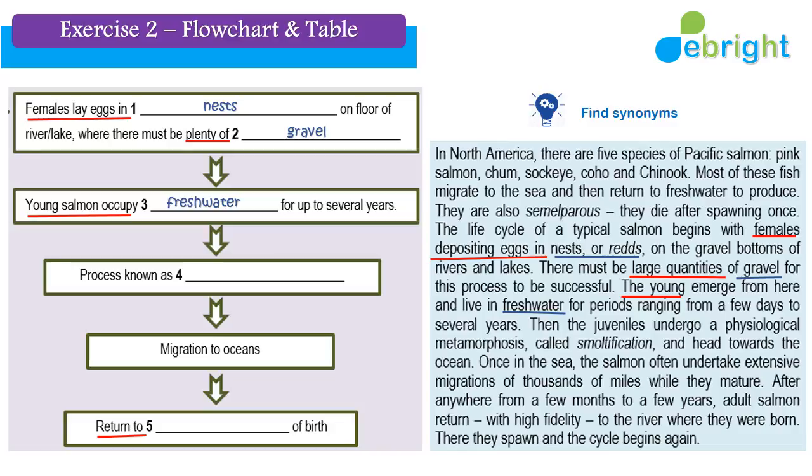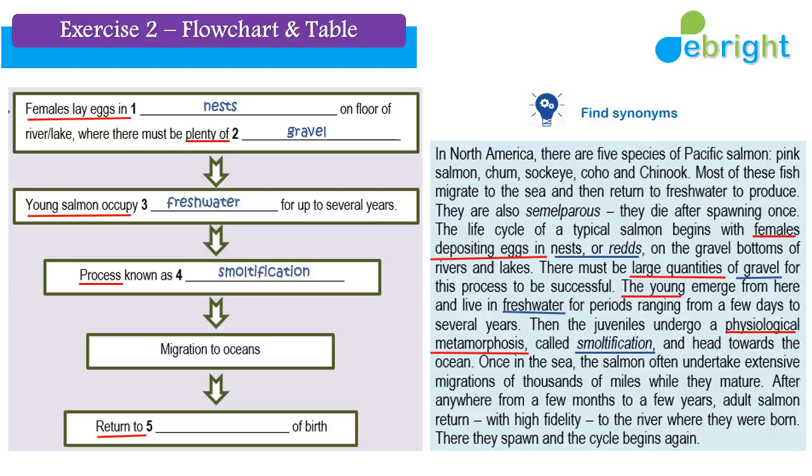And then for number 4, process known as, you've got the keyword process over there. So you've got physiological metamorphosis, which is similar, the synonym of the process. And it's known or called smoltification. So number 4 is smoltification.